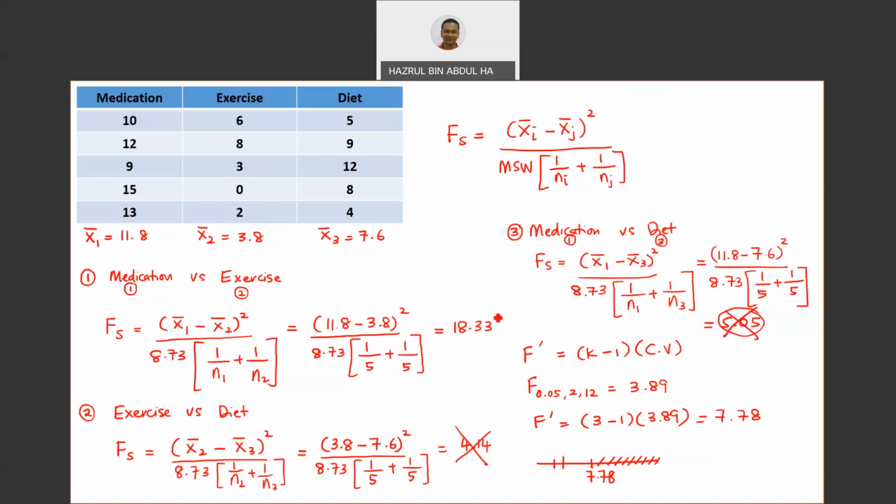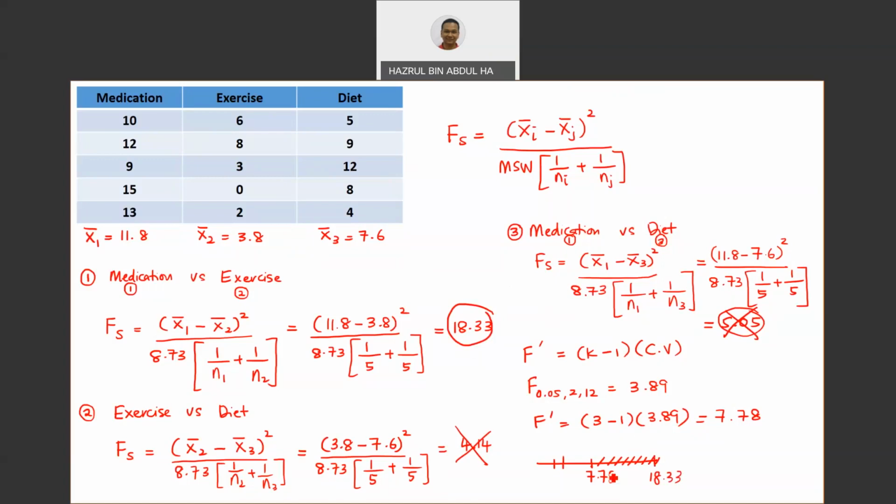But for this comparison, 18.33 is in the critical region, meaning that there is a significant difference of means between these two groups.